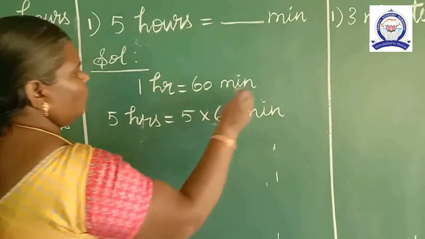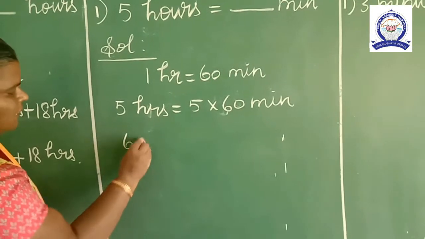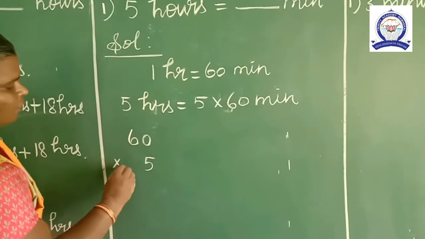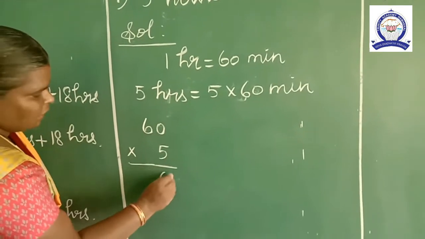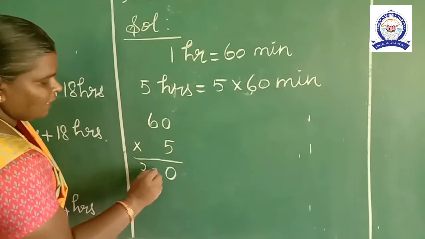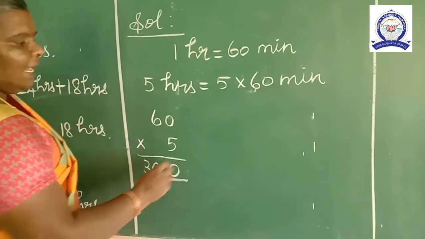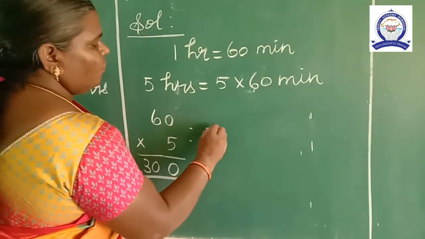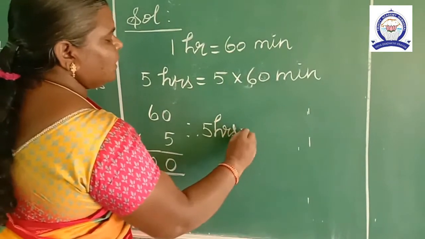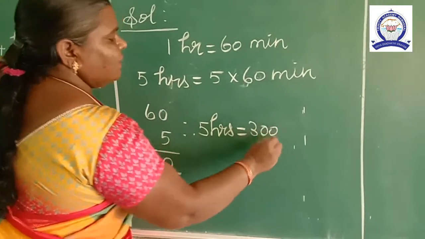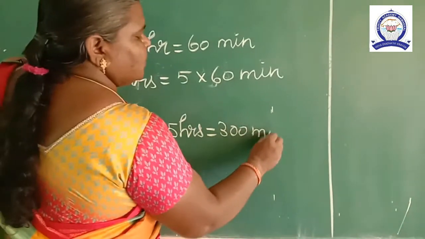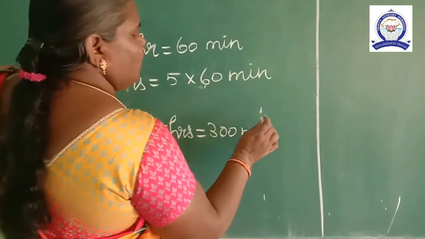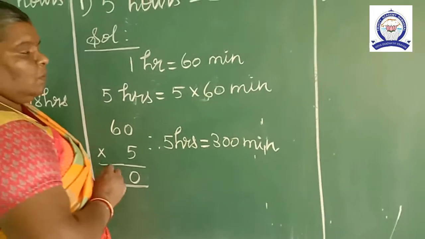You multiply 6 0, 0, 5 6s are 30. We get the answer 300. Therefore, 5 hours equal to 300 minutes. Is it clear, children? Okay.